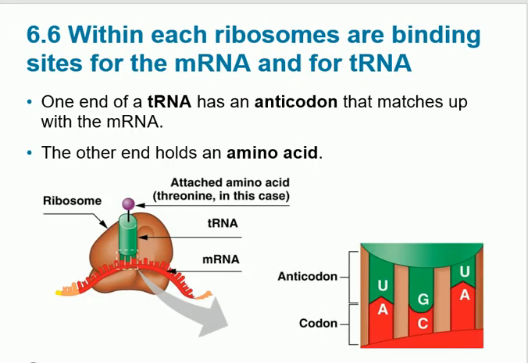So this is a little bit of details of what's happening there. Here is what I just mentioned. On the tRNA, what do you call the triplet? Anticodon. What do you call the triplet in the messenger RNA? Codon. So the anticodon of the tRNA is going to fit in with the codon of the messenger RNA. And where is this matching happening?